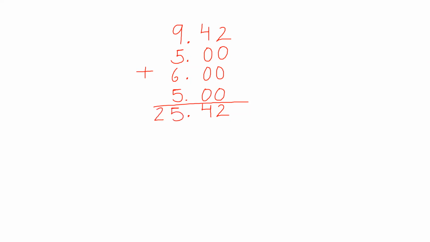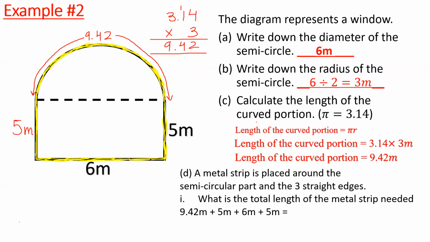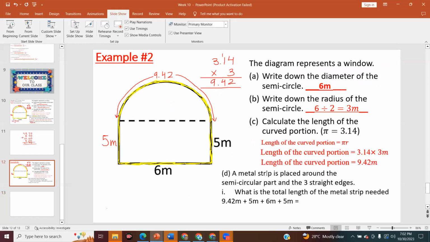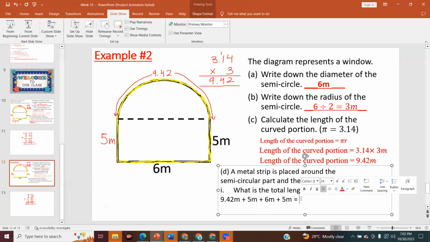Good. So it's 25.42. How many persons got this answer? Very good. So the answer is definitely 25.42 meters. Don't forget the meters. Let me see you all add that.